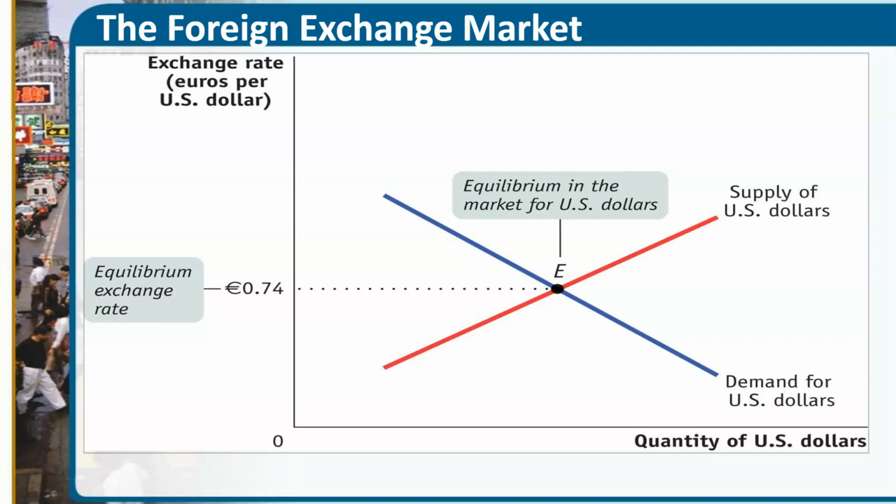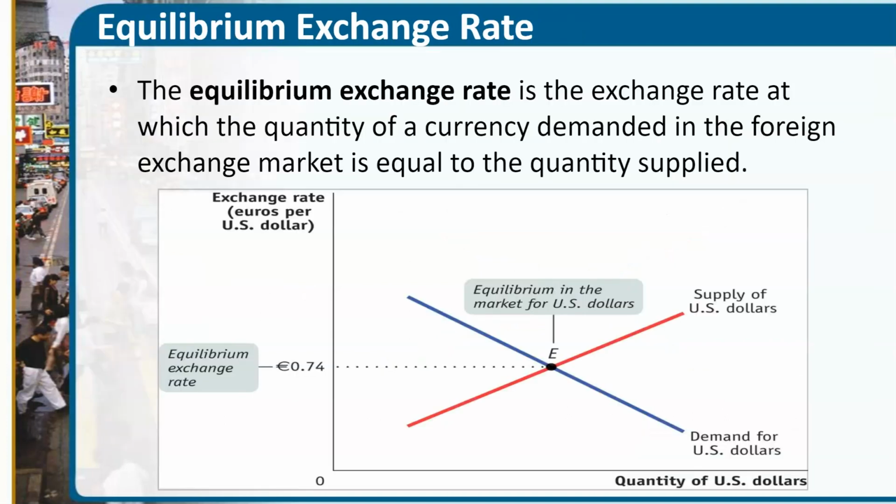And this is what we see here. So when we have an equilibrium rate, this is where supply meets demand, just as we've talked about throughout economics this year. The idea is we're looking for equilibrium. And the equilibrium exchange rate is where we find this quantity supplied and quantity demanded at this particular equilibrium exchange rate of euros per dollar. In this example, it's euros per dollar.